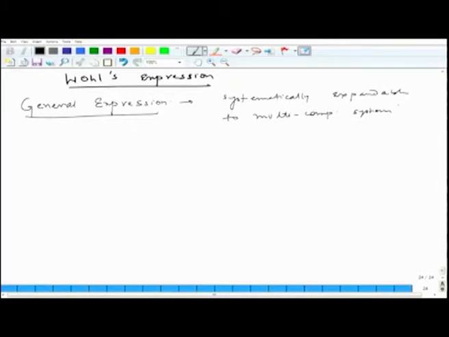So let me first write it down and try to give an idea why this is a very profound expression. See, the expression looks like this.